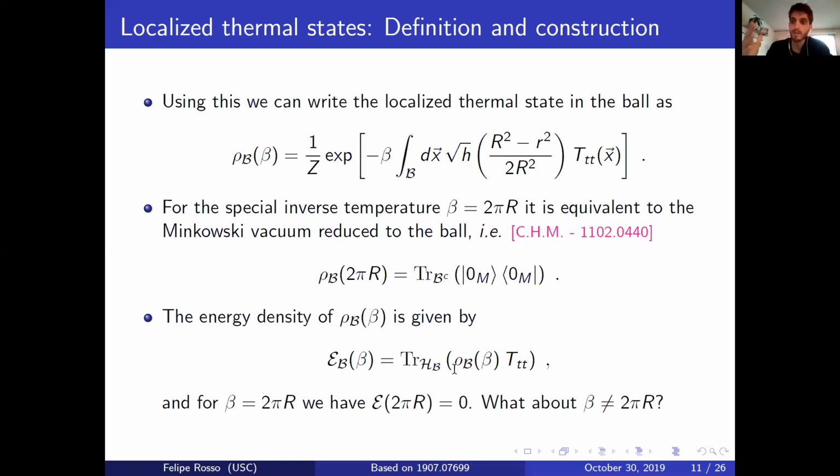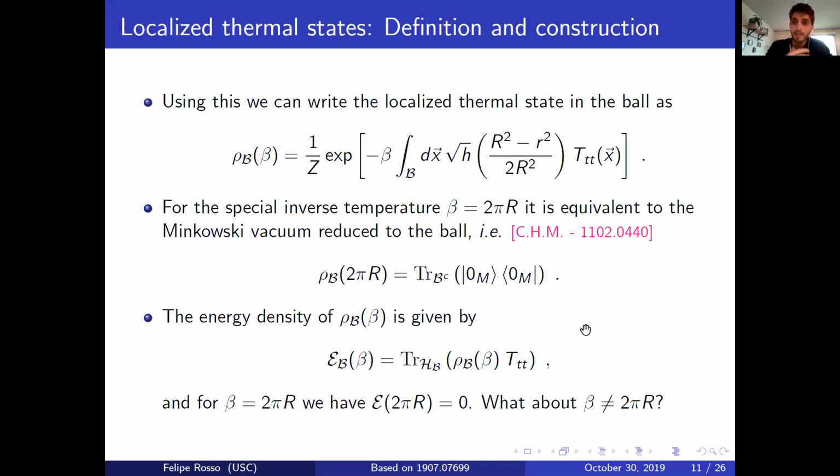So the main technical question that we will have to address is what happens when we go away from this particular value. This is where the most technical things come into play, although it's not particularly complicated. Let me recap a little bit. What have I done so far?